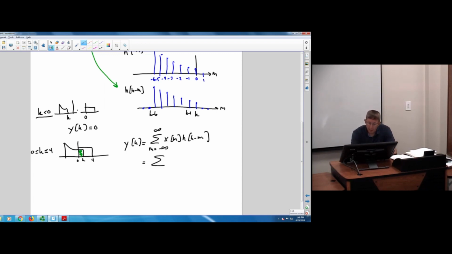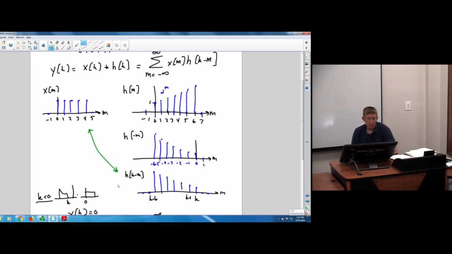So right away, I know that my limit has to go from m equals 0 to k. That's the only place of overlap. Outside of there, here I have zeros due to this signal. Here I have zeros due to that signal. It's only here where there's overlap that you get terms that are possibly non-zero. So that's why my limits now are 0 to k. On that interval of 0 to k, what is x of m? It is 1.